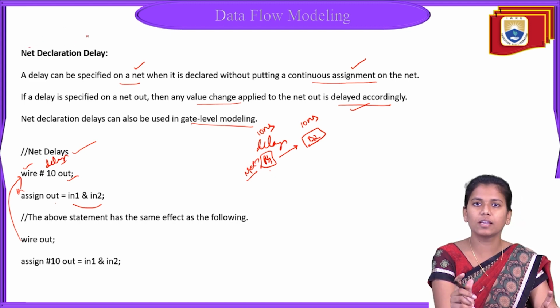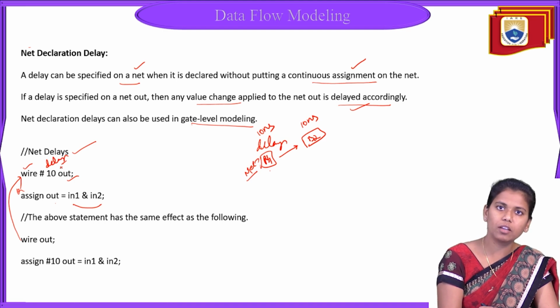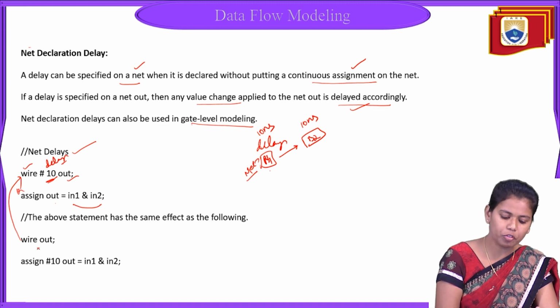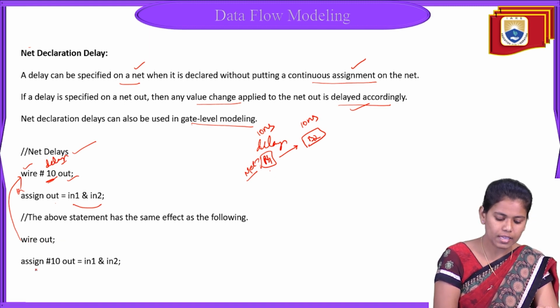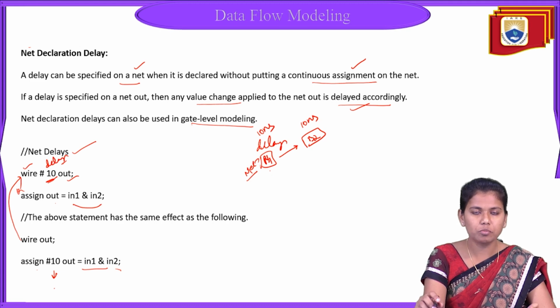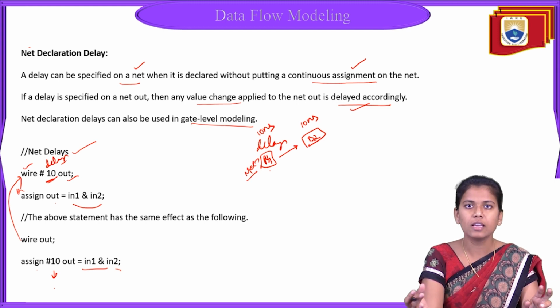In the net declaration assignment, we don't declare any delay, whereas in net declaration delays we declare 10, which is nothing but the delay. That means 10 nanoseconds of delay has been declared. Whereas in the normal statement, wire out, assign #10 out is in1 and in2. So this is a small difference between the continuous assignment statement and the net declaration delay statement.